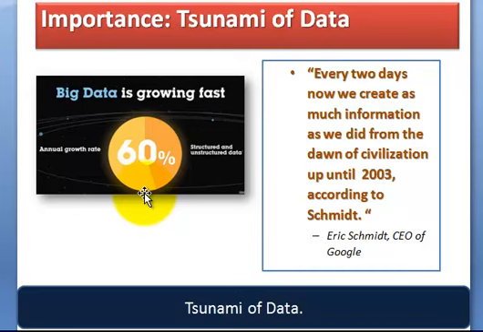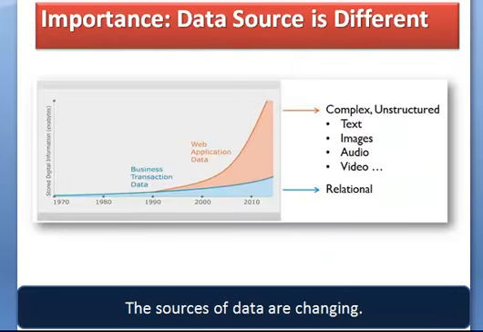You think about all the time you're on a computer, every touch point is creating data. Which gets to our next point. Not only is the amount of data growing, as we see here on this chart, but the type of data is growing. It used to be all business transactional data, right? This is this blue area. It used to be all sorts of data in the banking transactions, the sales transactions, things that were in companies' databases that they could hold on to.